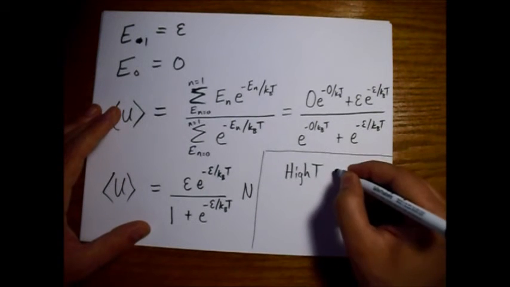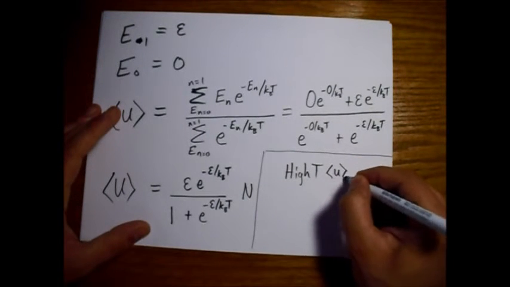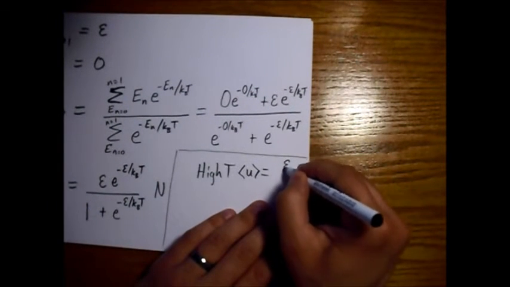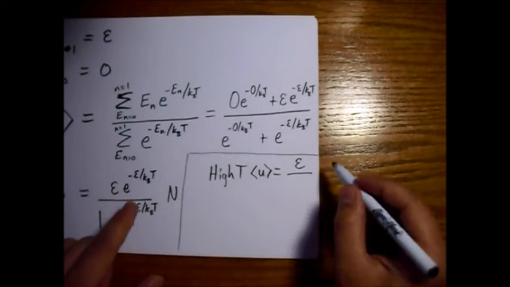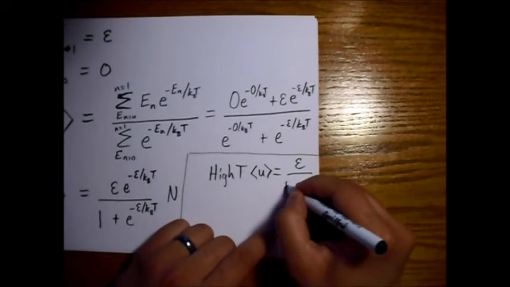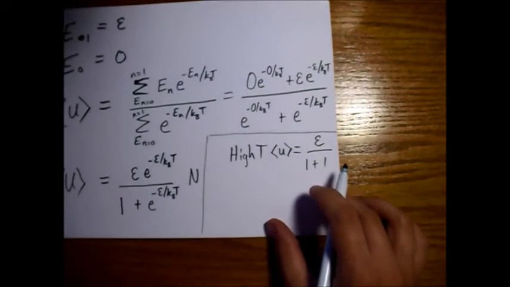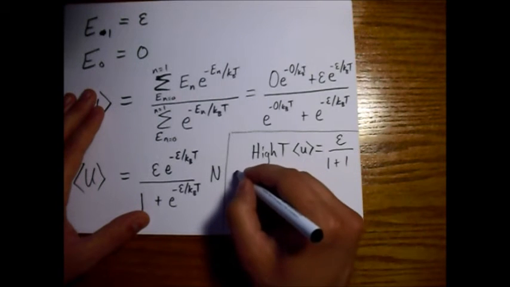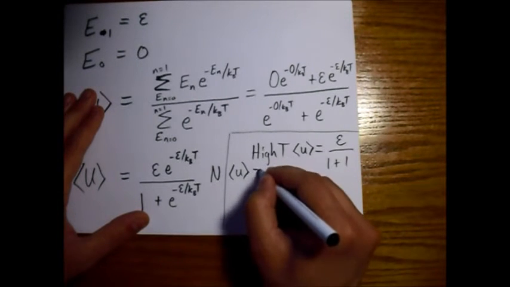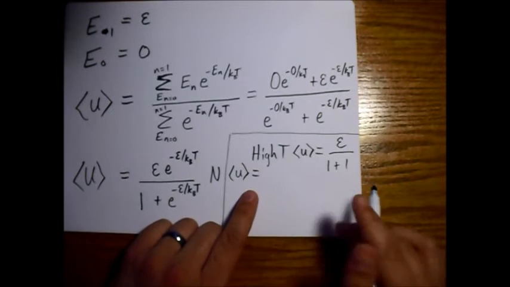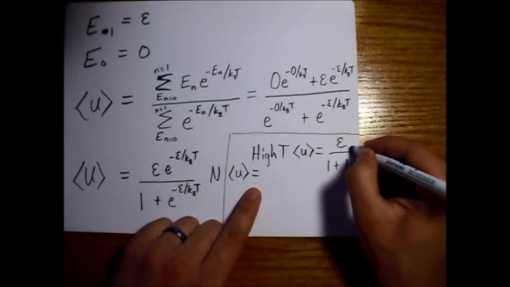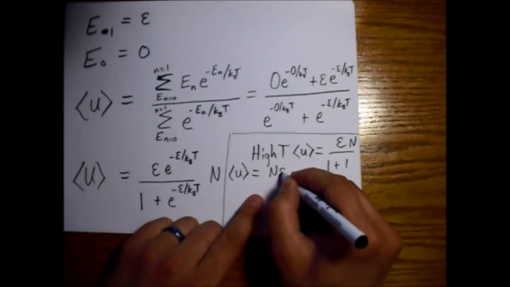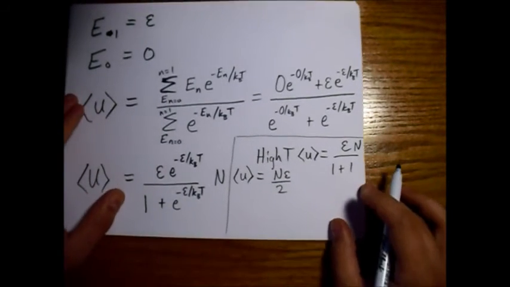So we end up with epsilon multiplied by 1, over 1 plus 1. So at high T, we get the average energy. Oh, and again, for the whole gas, we multiply this by N. So we have N epsilon over 2 at high temperature.